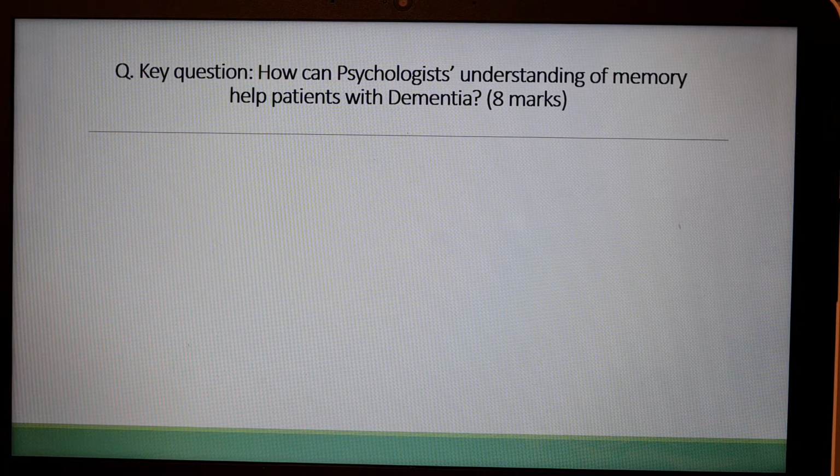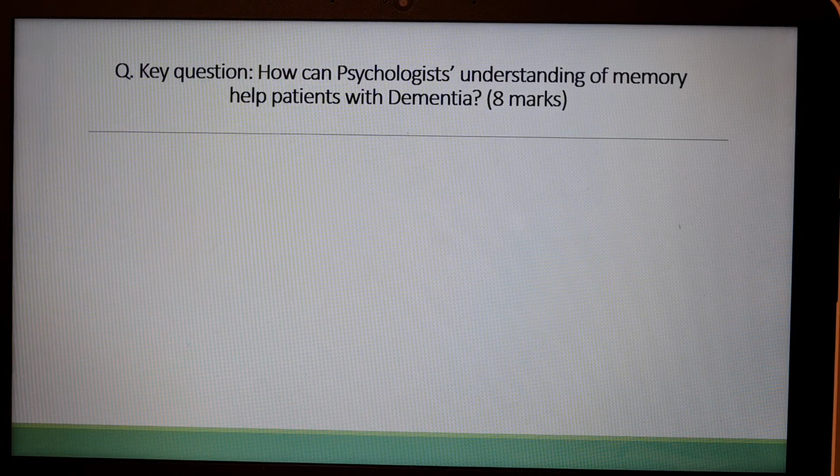Okay, this is a question which requires AO1 and AO2, so description and application. Because you're describing dementia for AO1 and then you are applying the theories of memory to explain how we can help with dementia. So that's obviously AO2.